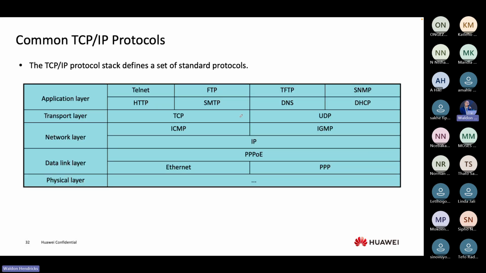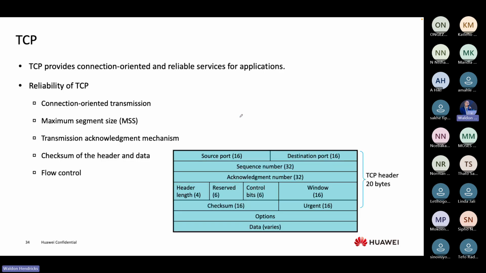And so when we look at common protocols, you have all these protocols under networking, right? The application layer has certain protocols, the transport layer has certain protocols, and the network layer also has certain protocols. These protocols are important on each layer. And then when we look at the reliability of the network, it's TCP.